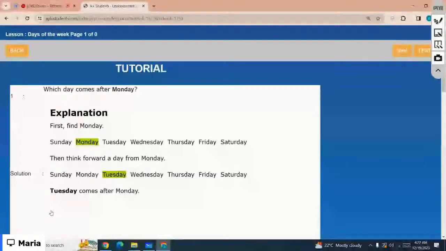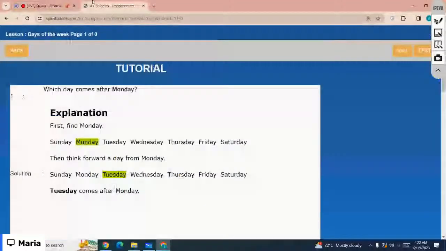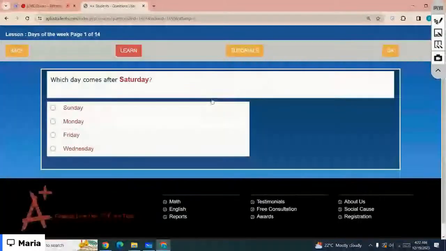These are the 7 days of a week. So let's just start with the test questions that are related to the weekdays, right? Basically, you need to see which day comes before or after a given day. Which day comes after Saturday? So which is the correct option?